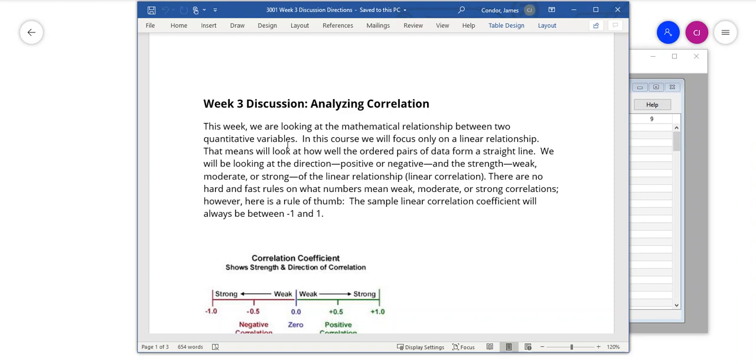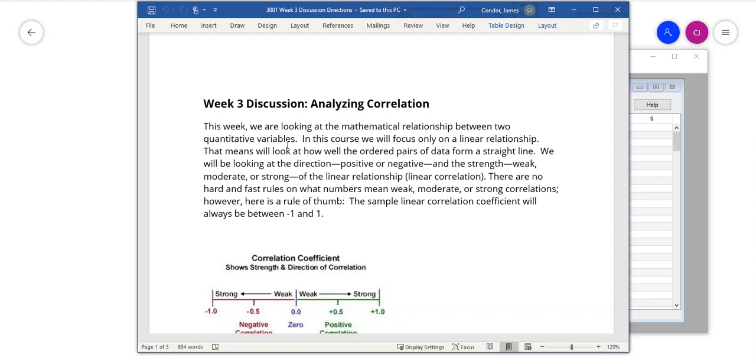There's lots of different types of correlation, and we're only looking at how well the points fall in a straight line. So if we were to graph the ordered pairs, just like in algebra, when you had an xy plane, you had an x value and a y value. So each point had two numbers associated with it. If you graph those ordered pairs in a linear function, you came up with a straight line.